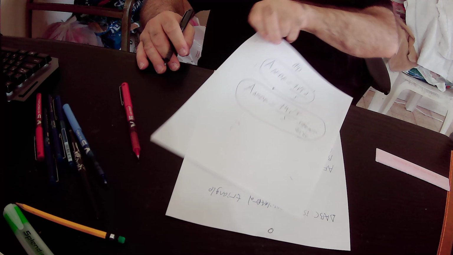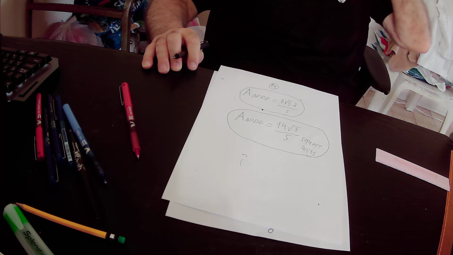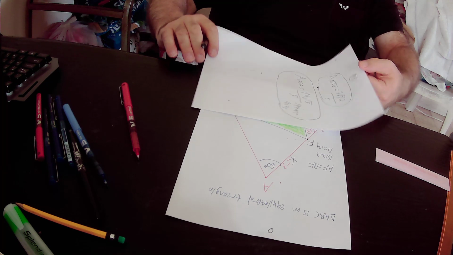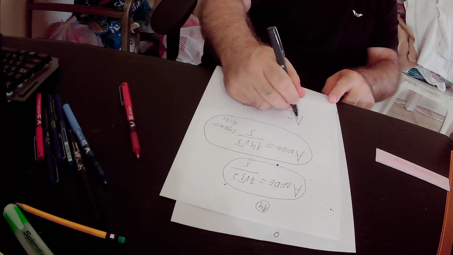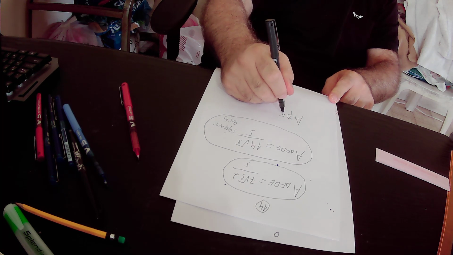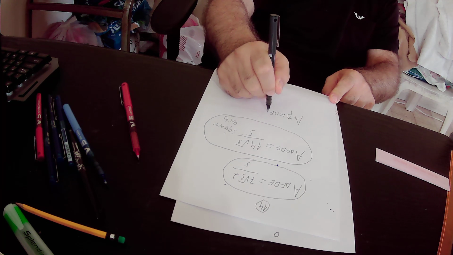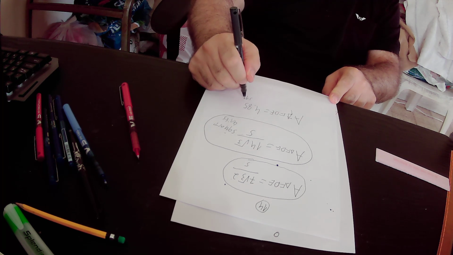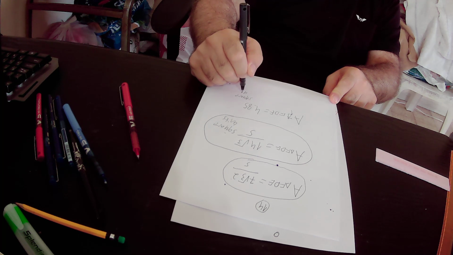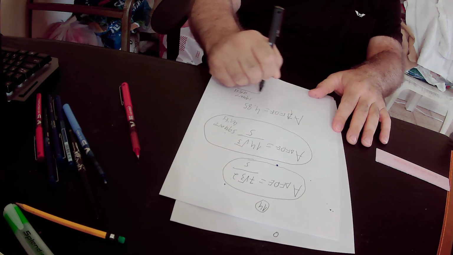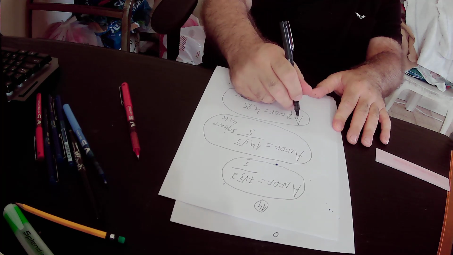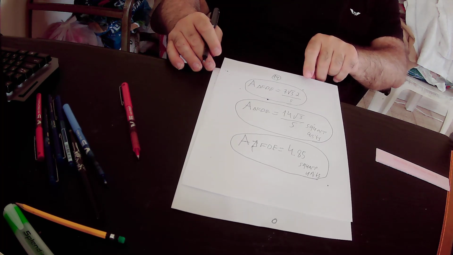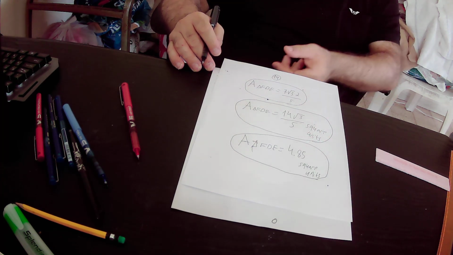Again, the area of the green triangle FDE equals 14 times root 3 over 5 square units, or in terms of numbers, the area of the green triangle FDE equals 4.85 square units.